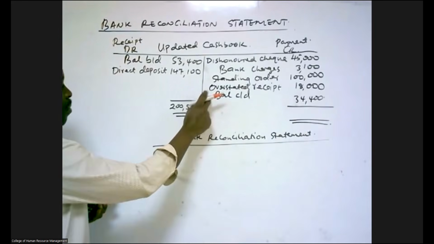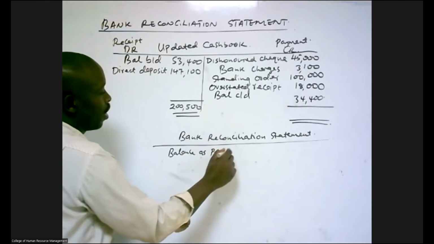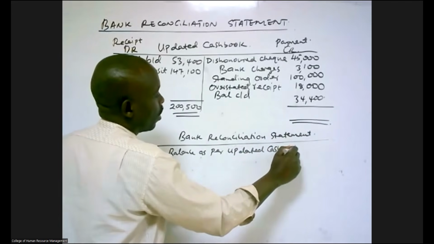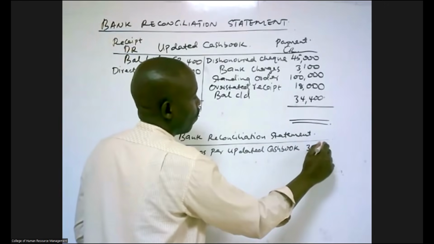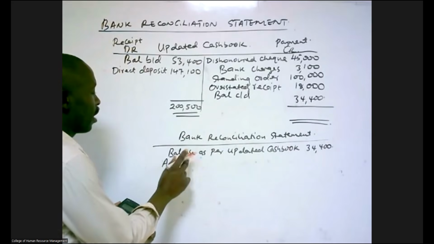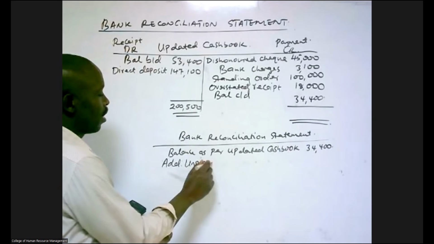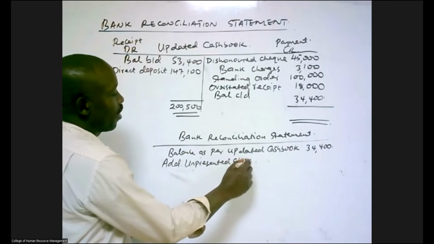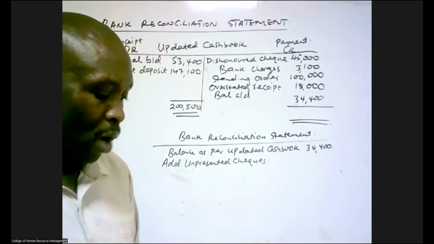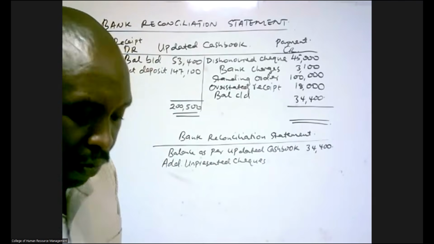Whereby we can start with this balance as per updated cash book, 34,400. Then you add; anytime we start with the balance as per the updated cash book, what we add is the unpresented checks, whereby we were told checks amounting to 280,000 were issued to suppliers, but those that have been presented is 154,000.